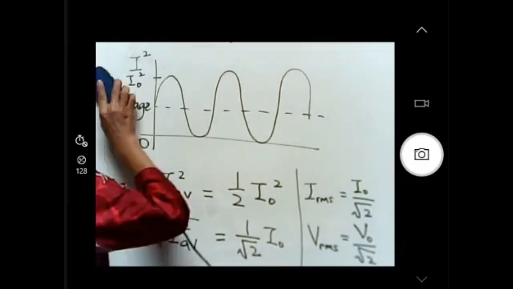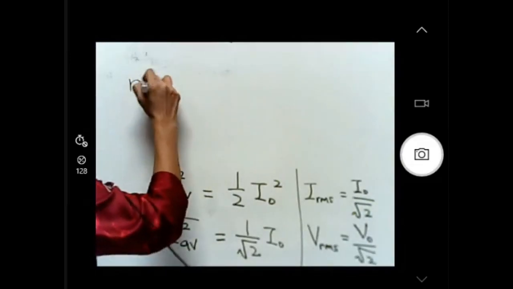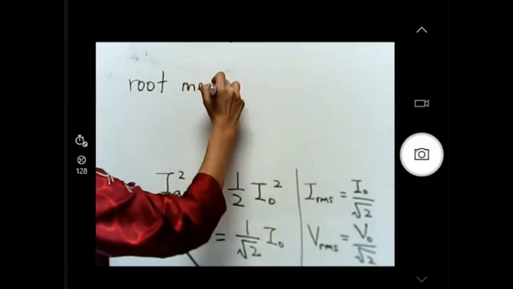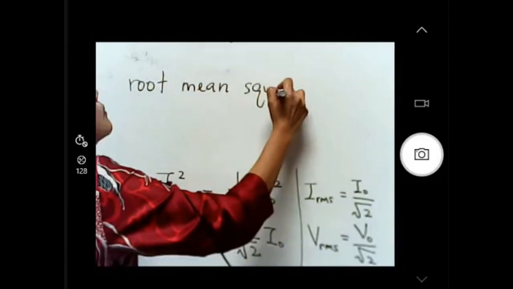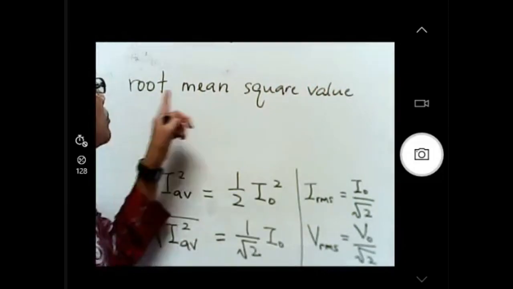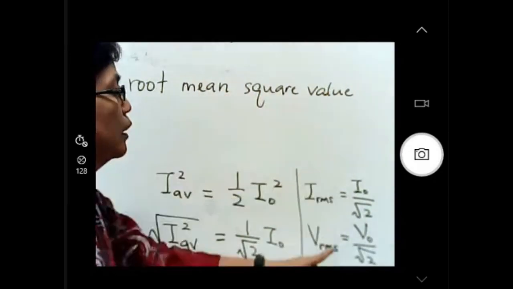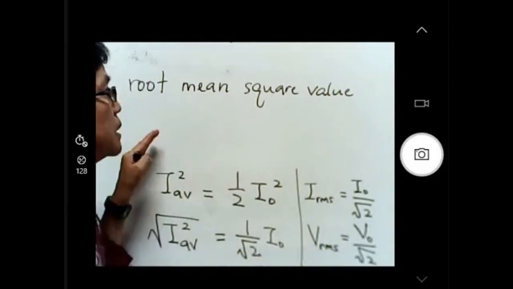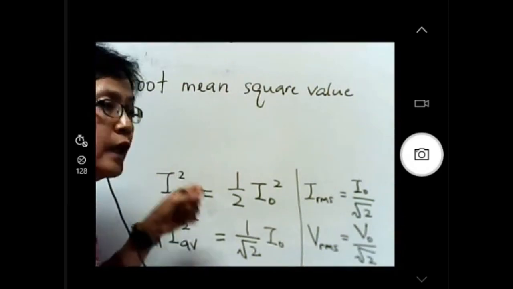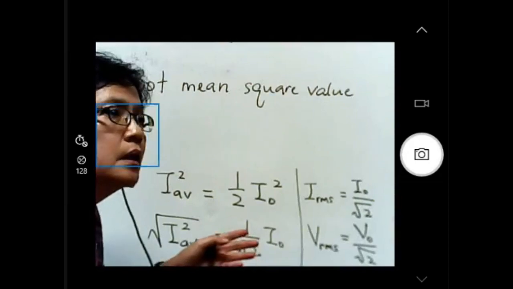So what is the root mean square value? What does it represent? It can be the root mean square value of current, and it can also be the root mean square value of voltage. It is the effective value, or a stable value, that we use from an alternating source.